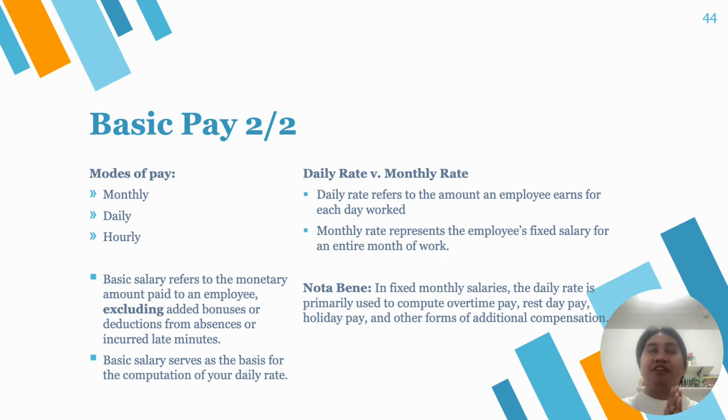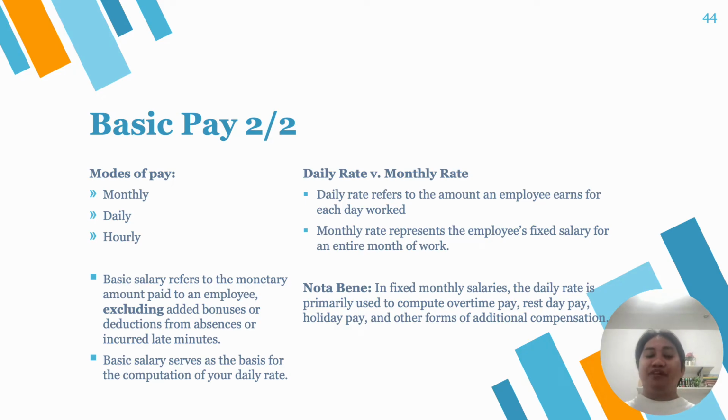So when you compute for the basic pay, it's your basic pay, and then the employer will account for, say, undertime, absences, and other deductions, and then they will add the bonuses in order to compute the amount to be given to the employee.